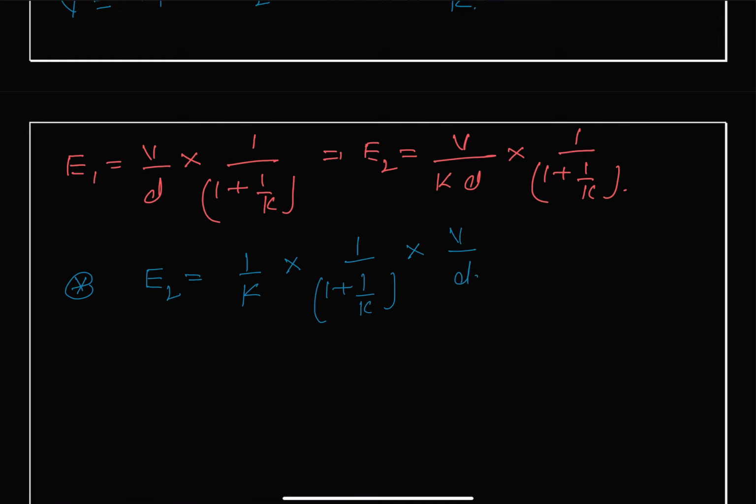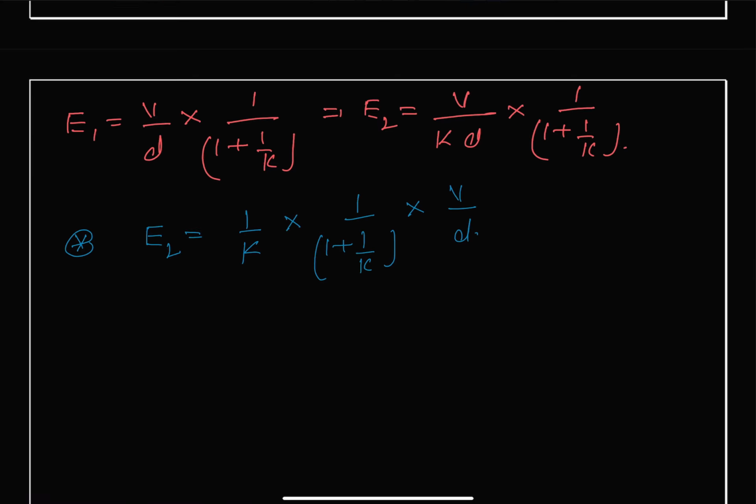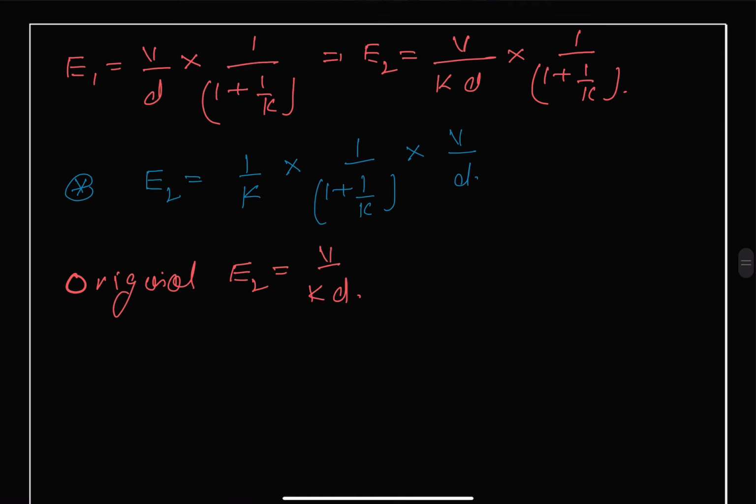And we know that our original electric field is V upon K times D. Therefore, we can write that our new electric field because of the dielectric will be equal to this.